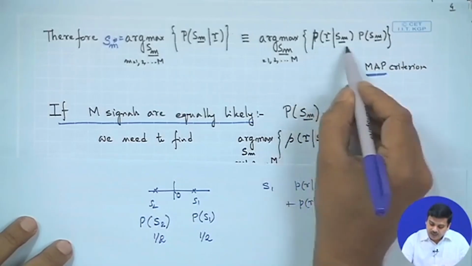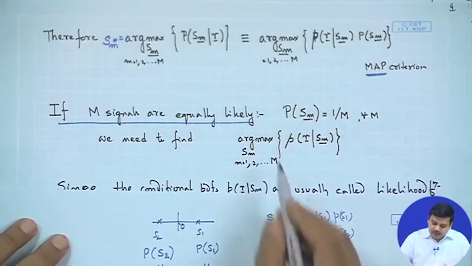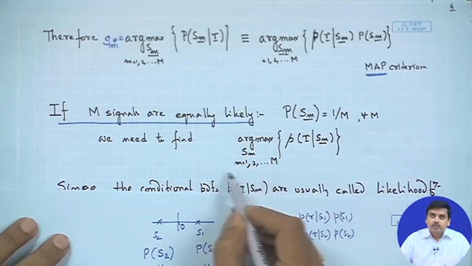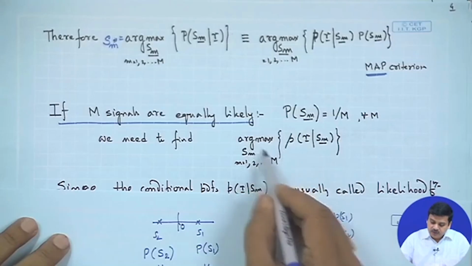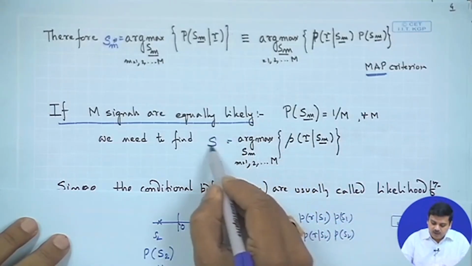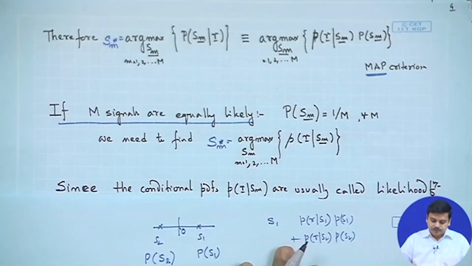So, what we have is P of R given Sm. All we need to find is P of R given Sm over all possible Sm. Whichever Sm maximizes this would be our choice of our answer or our solution.